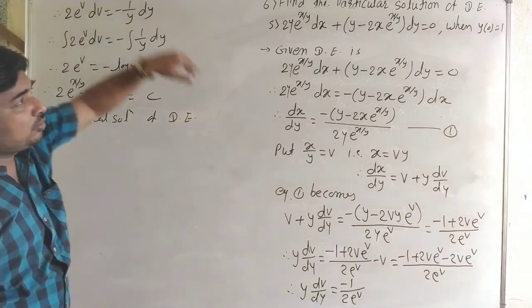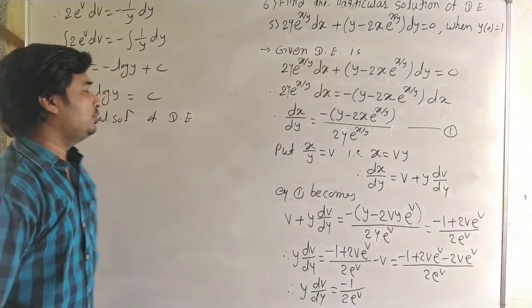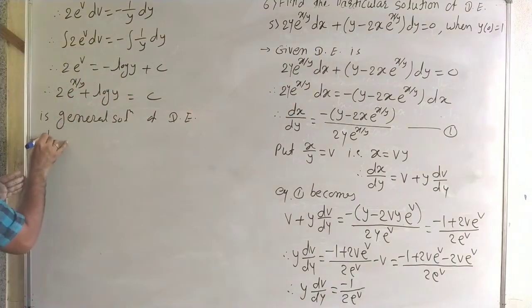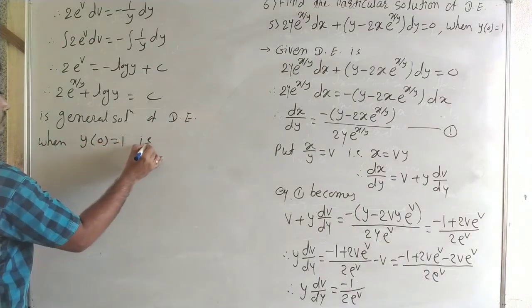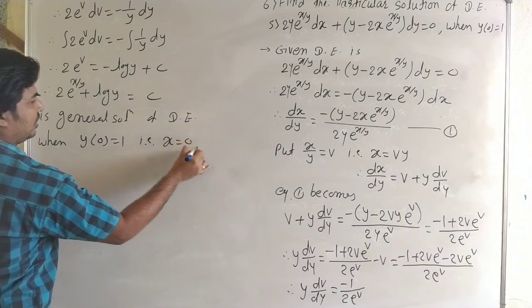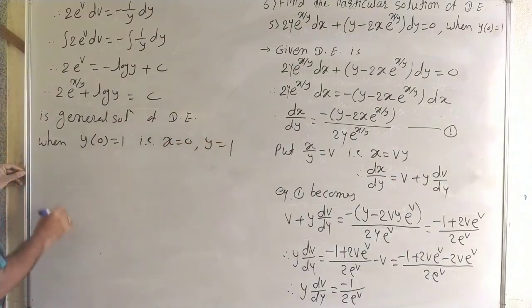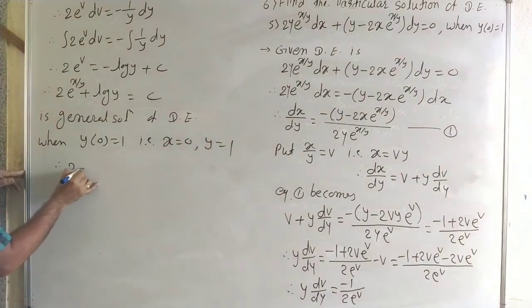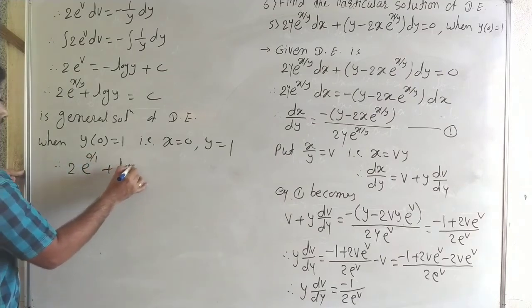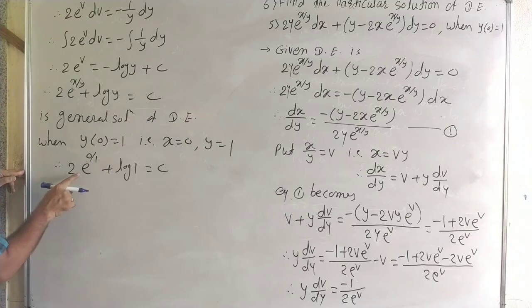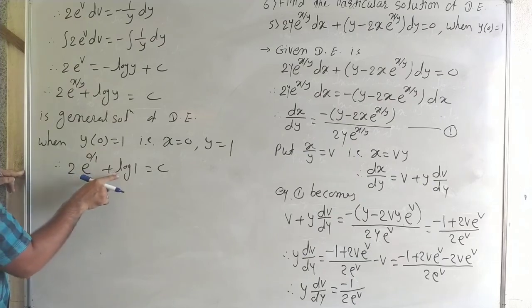Now we want to find the particular solution when y of 0 is equal to 1. When y of 0 is equal to 1, that is x is equal to 0 and y is equal to 1. Therefore 2 into e to the power 0 upon 1 plus log 1 is equal to c. Then 0 upon 1 is 0. 2 into e to the power 0, it is 1. 2 into 1 is 2, plus 0.